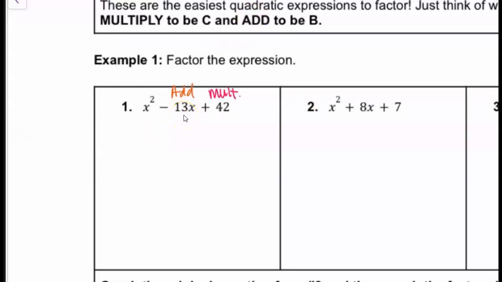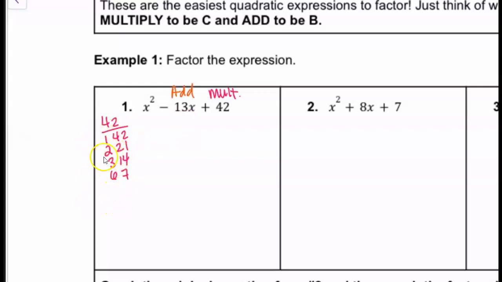Some of you have very good number sense and can go directly to your answer, but the easiest way is to write all the factors of 42 down. So for example, 1 times 42, 2 times 21, 3 times 14, and 6 times 7. These are my factors of 42.